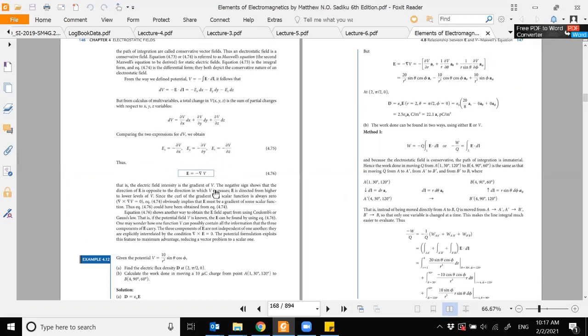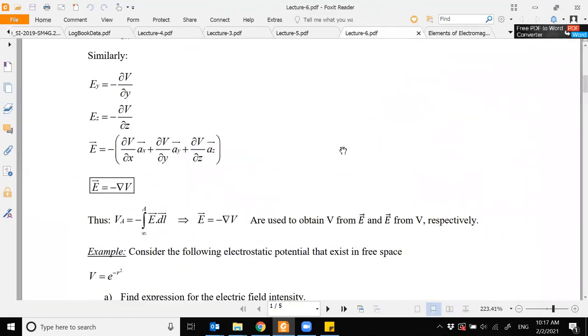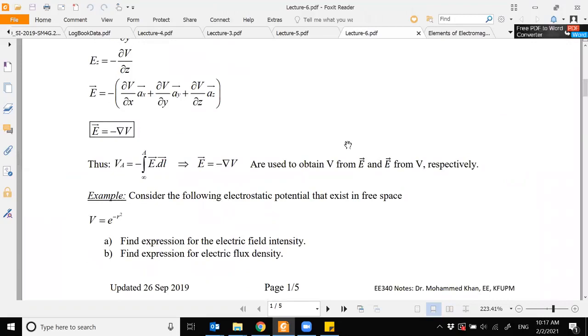But in the end, you are getting E is equal to minus del V. So till now, we have two expressions. The first expression for the potential is in the integral form, which is VA is minus integral from infinity to your final point A, E bar dot dl, or another one, which is E is equal to minus del V.